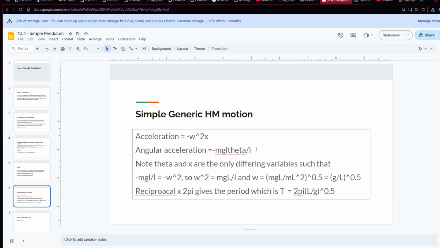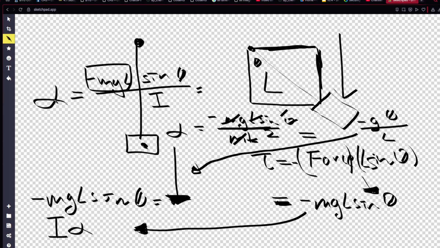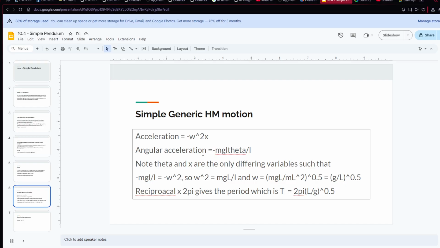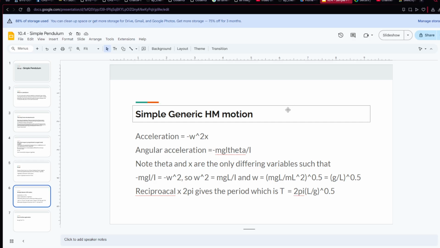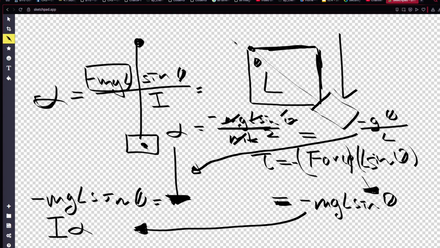So we come over here, and now what we're going to do is set angular acceleration equal to a certain variable. We know here that angular acceleration is negative mgl over I. But we also know that sine theta is essentially equal to theta.